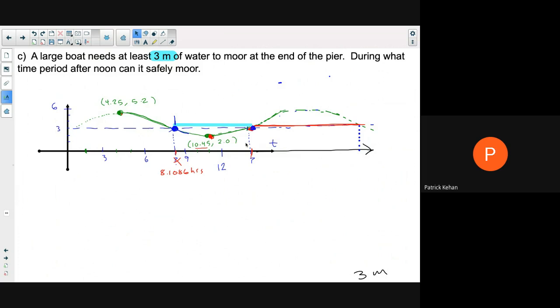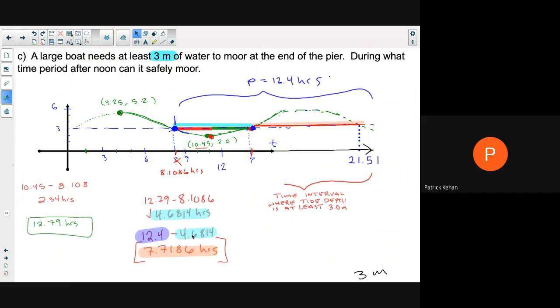Fortunately, there's symmetry involved in the sine and cosine functions, which can help us identify other values. For example, this bottom section of the curve right here is symmetrical at this minimum point, which is at 10.45 hours and 2 meters, right? So I can use that symmetry to help me figure out some other time intervals.